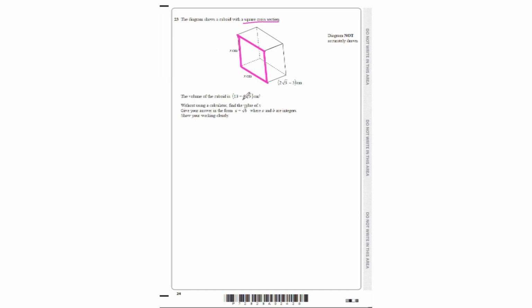So volume is basically 13 plus 6 root 5. 13 plus 6 root 5 equals x squared times 2 root 5 minus 3. So it's going to be 13 plus 6 root 5 divided by 2 root 5 minus 3, which equals x squared.